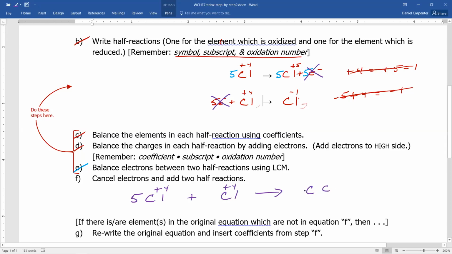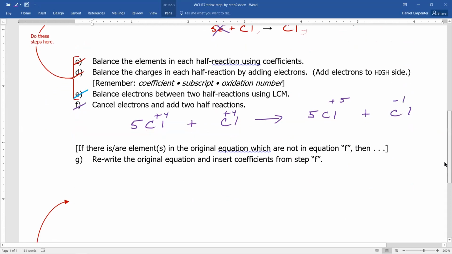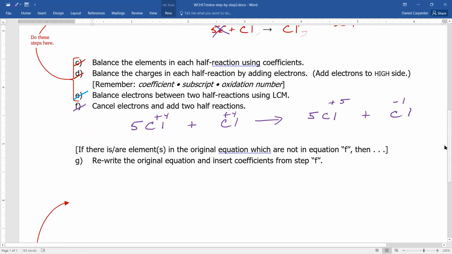Whoops. In my head, I said 5, and on the screen, I wrote C. So, is there anything in the original equation?